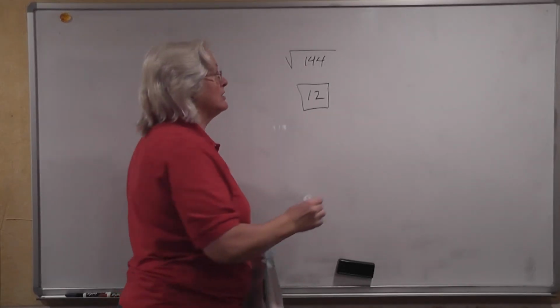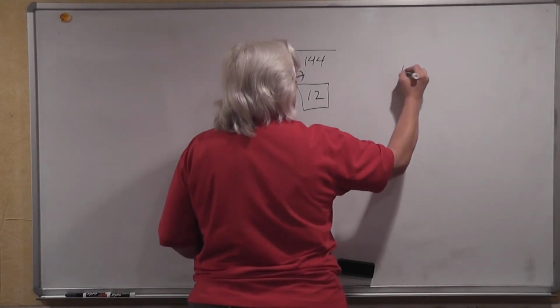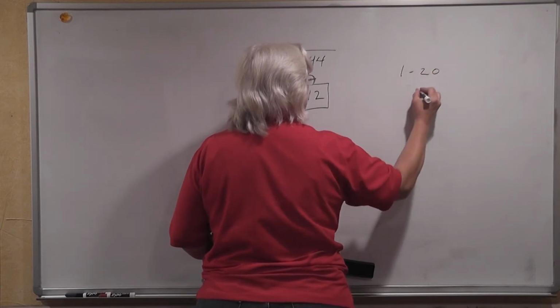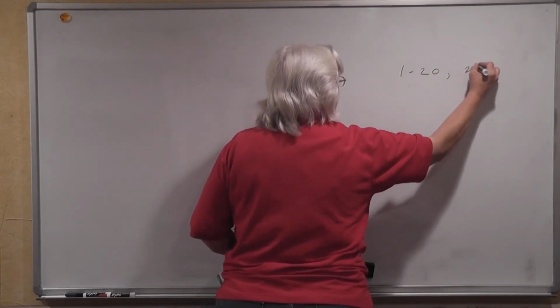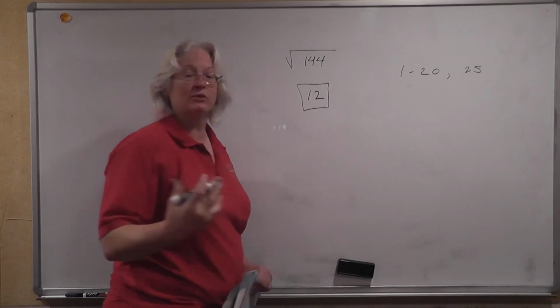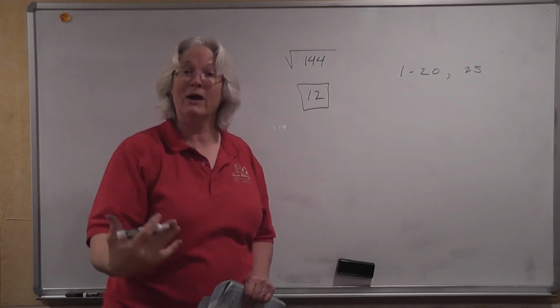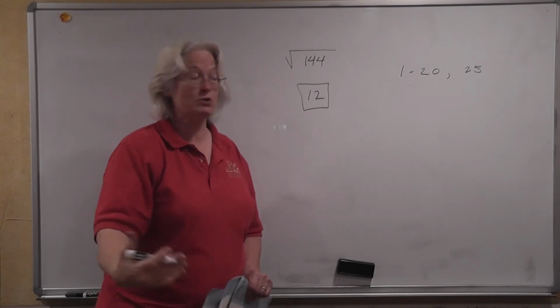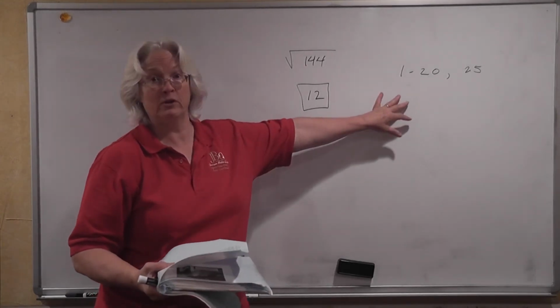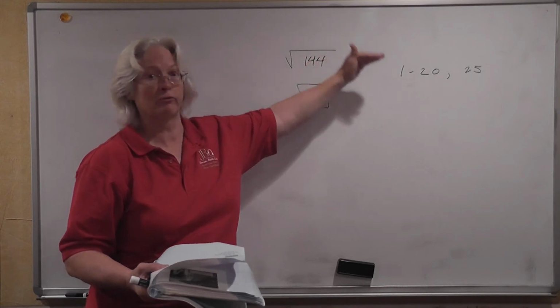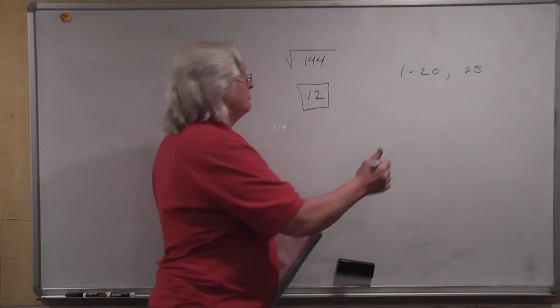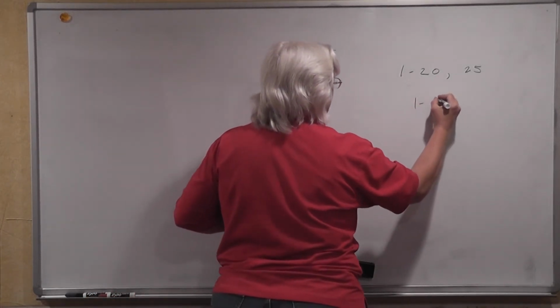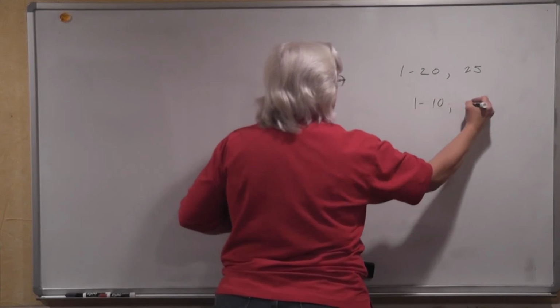If you will memorize your perfect squares, 1 through 20, and 25, if you haven't already memorized those, if you'll go ahead and memorize them now, you'll have a leg up on next year's work, and it'll be simple for you to do this homework. Just write them out. You will know 1 through 10 for sure.